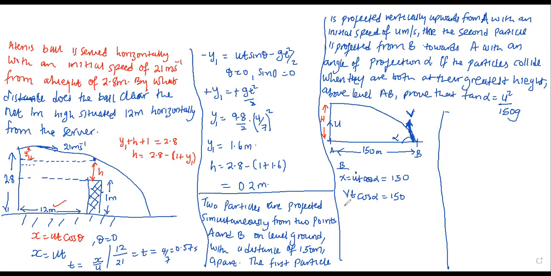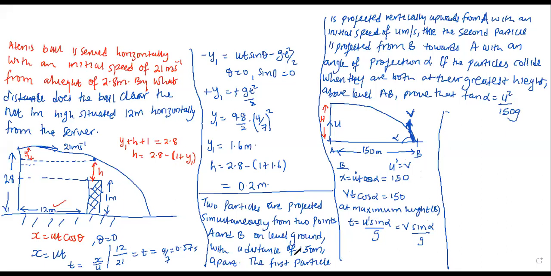But also at maximum height, still for B, time to reach maximum height is V sine of alpha over g.